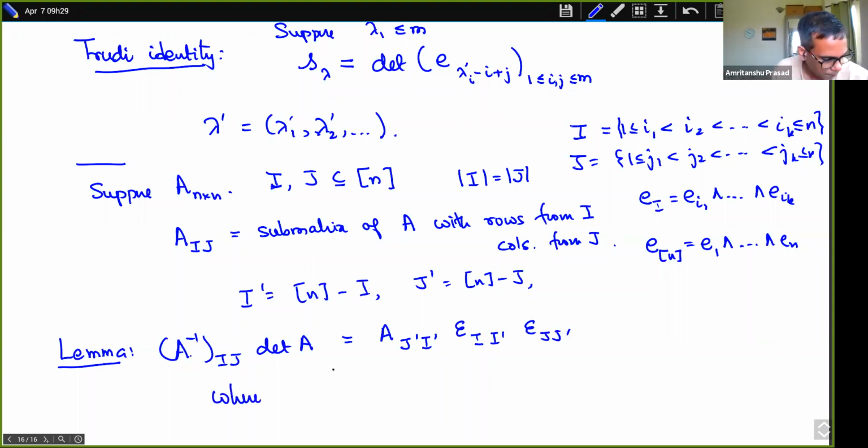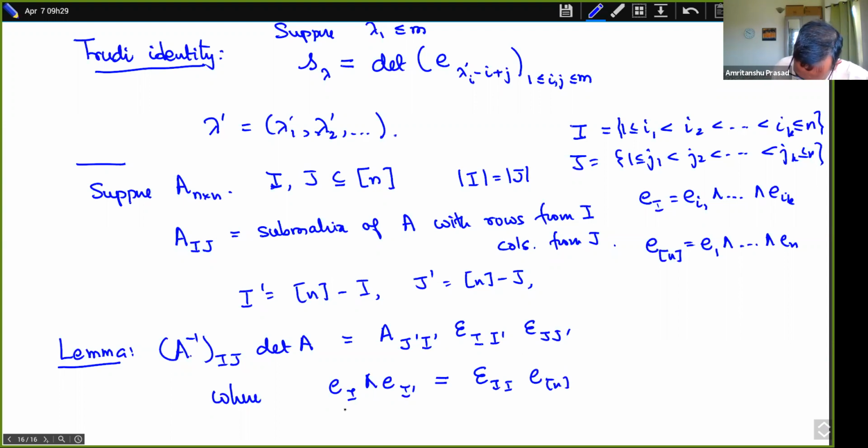you take e_I wedge e_I', where I' is the complement of I. So e_I wedge e_I' will be first you take all the entries of I and then all the things which are not in I. So it's going to be some permutation of this, and depending on the sign of that permutation, that's the definition of epsilon_I'. Oops, e_n I have to say here.